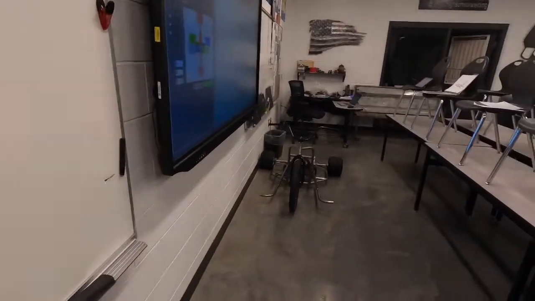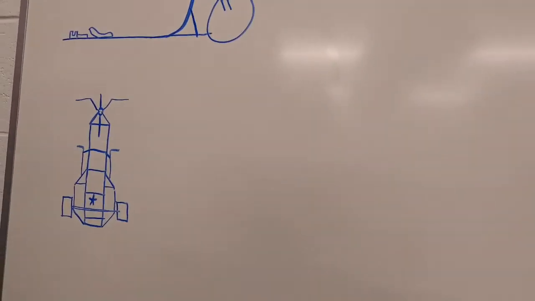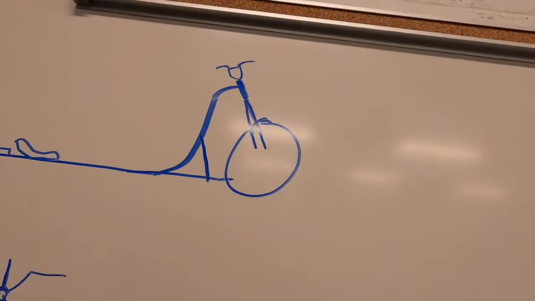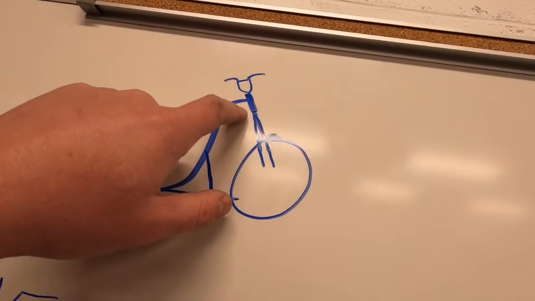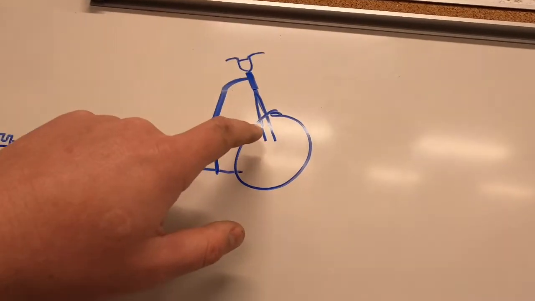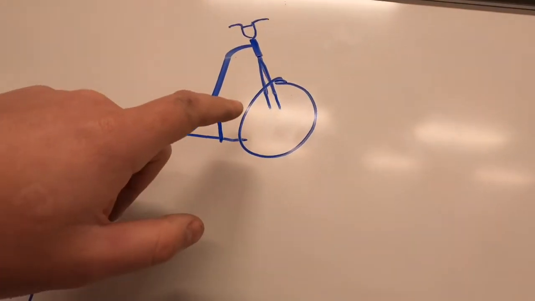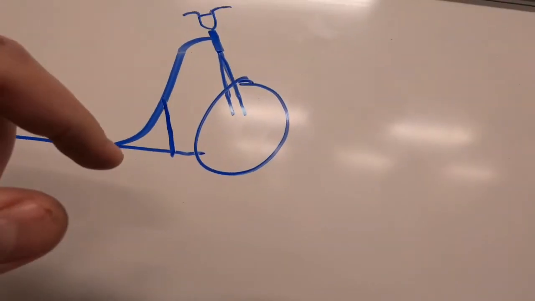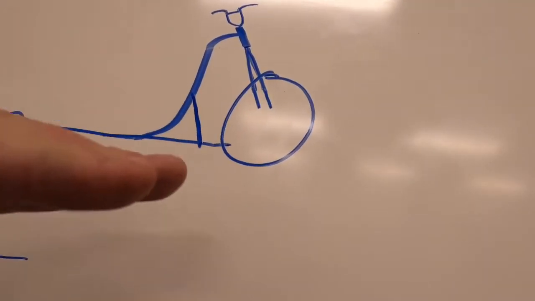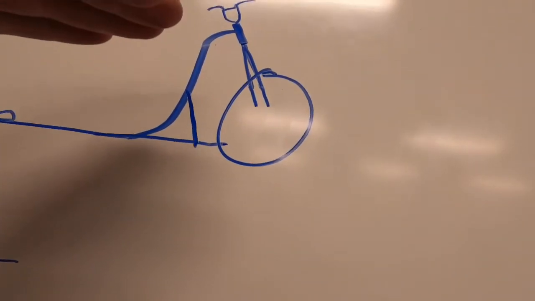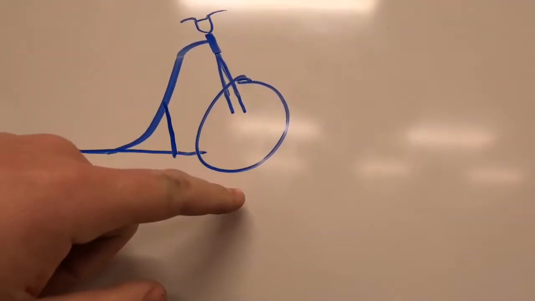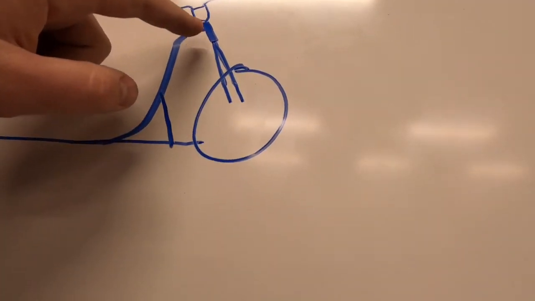For a drift trike, one thing to have for sure or know of is your donor head tube and front fork assembly. If you're going to buy your own, like my student did for his drift trike, you'll be able to look up the dimensions and figure out how tall that front fork assembly is from the ground to the center of your head tube.